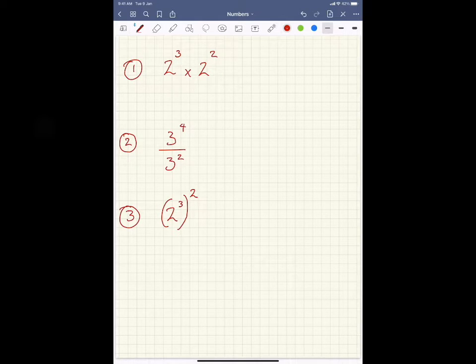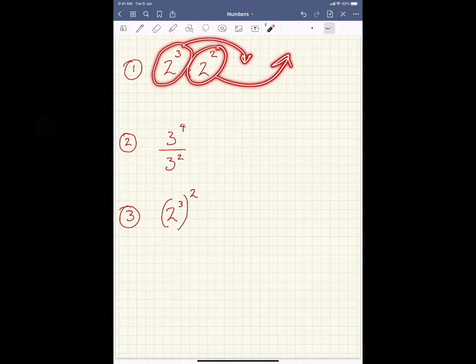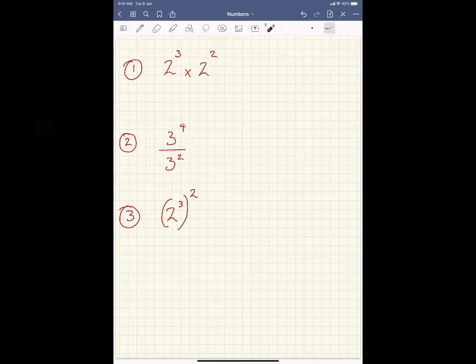Okay, I'll start slowly with the top one, and I'm just going to show you my method. I'm going to work out each of these individually and then multiply them together. So I think over here that's going to be 8 times 4, which is 32. That first one was pretty doable just by doing some number crunching.